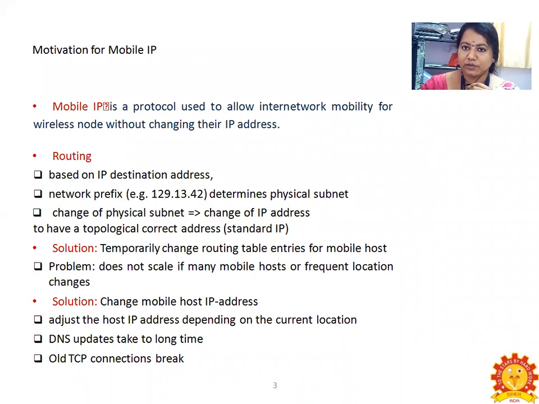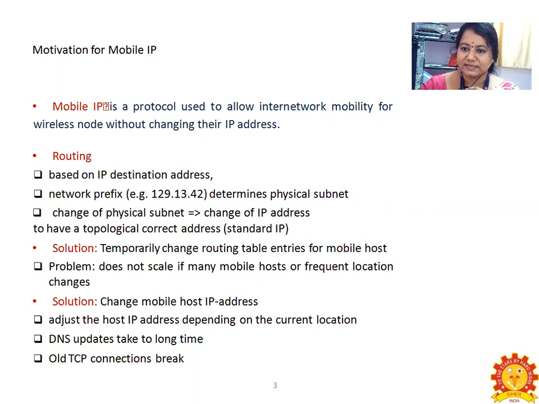Now we are going to see the motivation for mobile IP. Mobile IP is a protocol used to allow inter-network mobility for wireless nodes without changing their IP address. Routing is mainly based on the IP destination address. The network prefix, for example 129.13.42, determines the physical subnet.